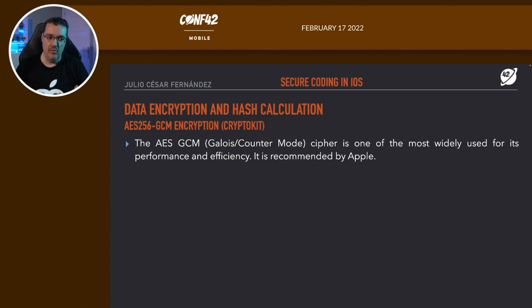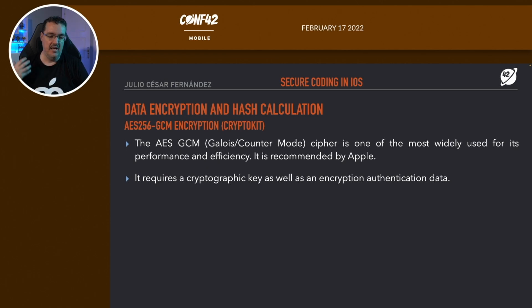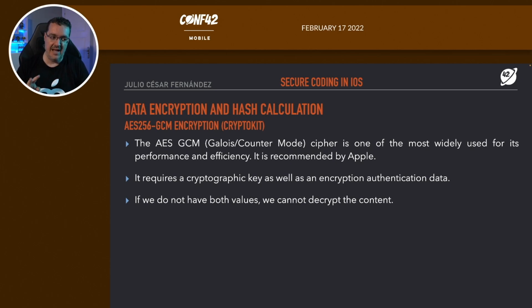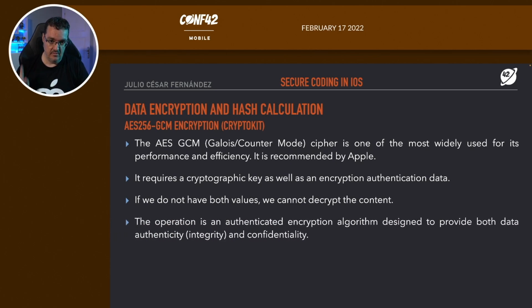It's a cipher mode that is one of the most widely used for its performance and efficiency, and it's recommended by Apple. It requires two values, a cryptographic key as well as authenticated data. You need two values to make this encryption. If we do not have both values, we cannot decrypt the content, okay?